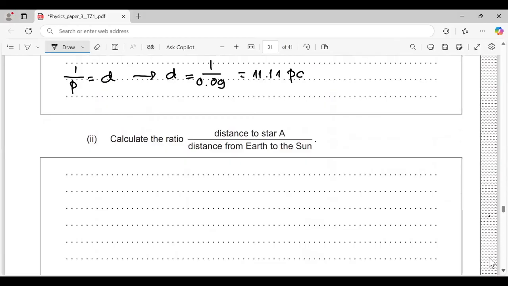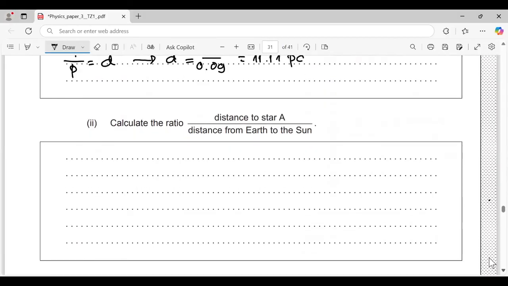Calculate the ratio of the distance to star A to the distance from Earth to the Sun, right? The first step you need to find the distance to star A. Distance to star A equals, wait, sorry, not yet.